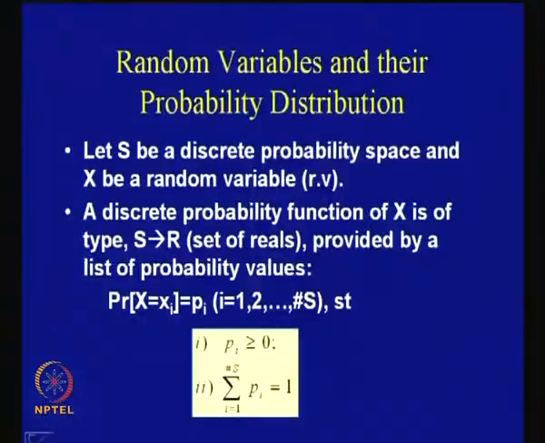We can say that these probabilities are essentially a map from the sample space S to the set of real numbers, because the probability values are real numbers which lie between 0 and 1, both included.